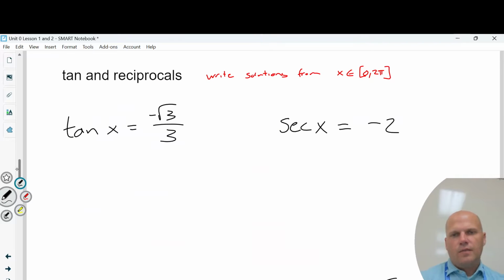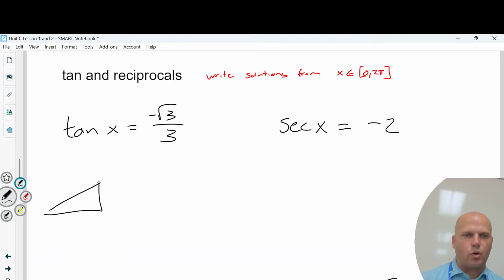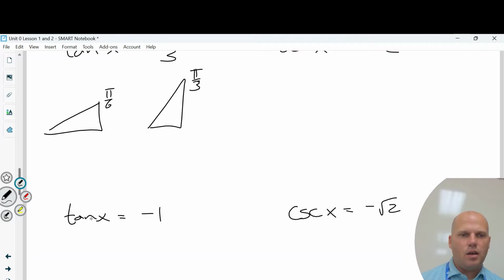Cool. If you're ever dealing with tangent or reciprocals, sometimes tangent is tricky. Well, just figure out which triangle is going to work. It's either going to be the pi over 6 or the pi over 3. You know it's not going to be the pi over 4 because you should think about what happens at pi over 4 with tangent. Opposite over adjacent, and then the correct quadrants.